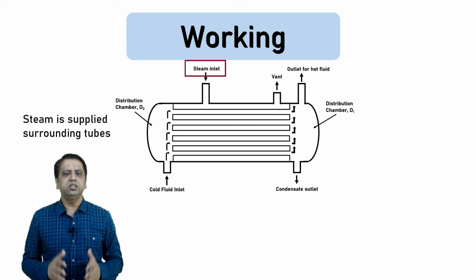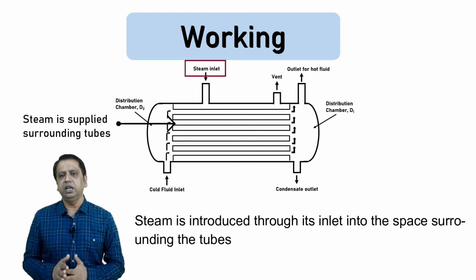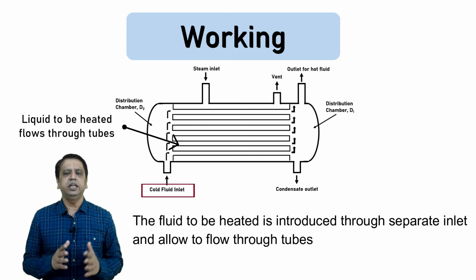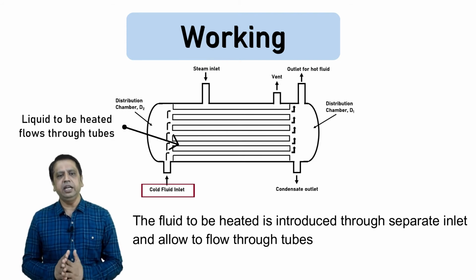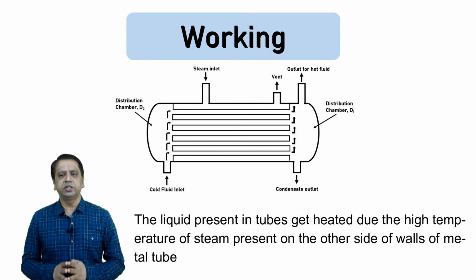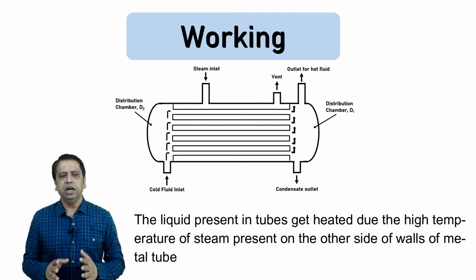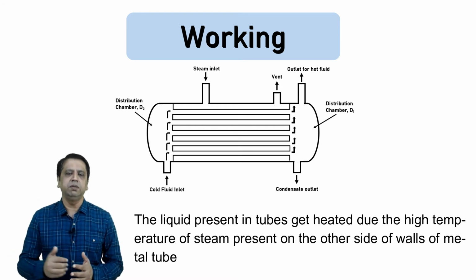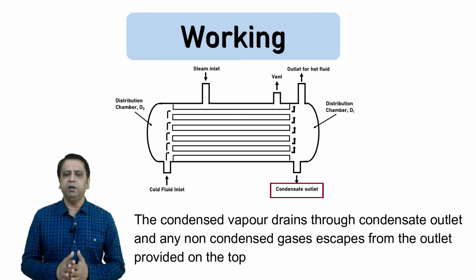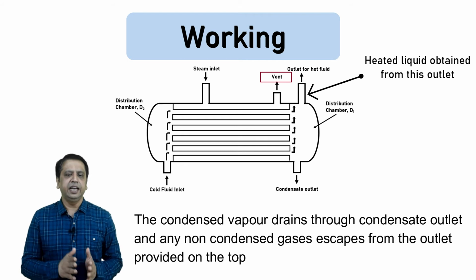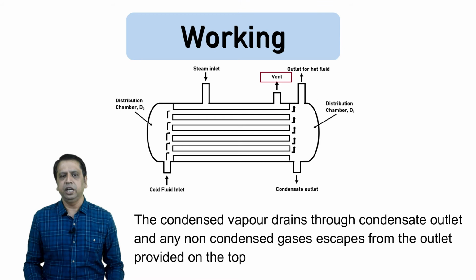Regarding its working, steam is introduced through its inlet into the space surrounding the tubes. The fluid to be heated is introduced through a separate inlet and allowed to flow through the tubes. The liquid present in the tubes gets heated due to the high temperature of the steam present on the other side of the walls of the metal tube. The condensed vapor drains through the condensate outlet, and any non-condensed gases escape from the outlet provided at the top of this equipment.